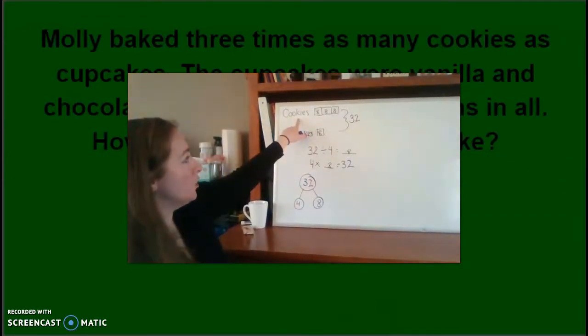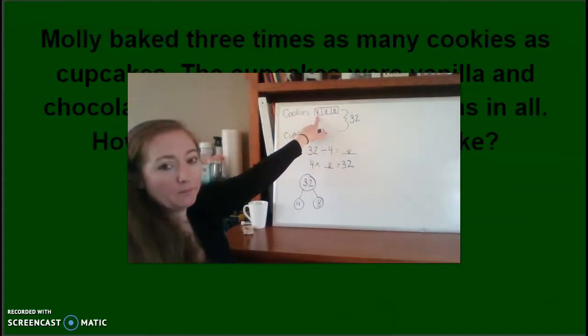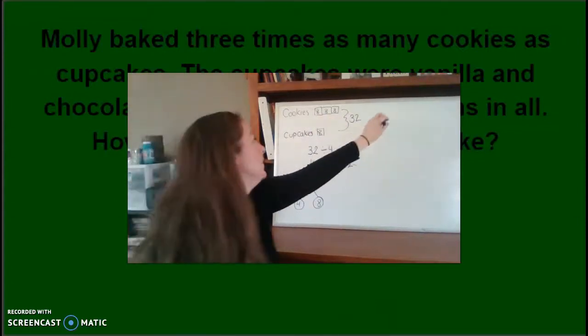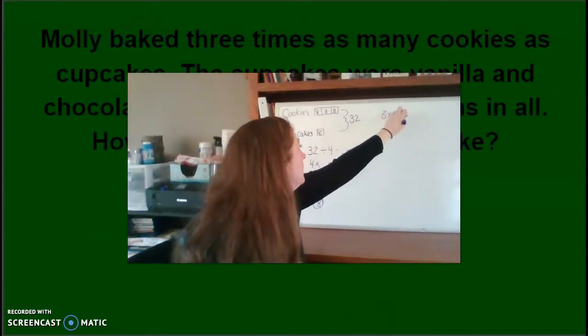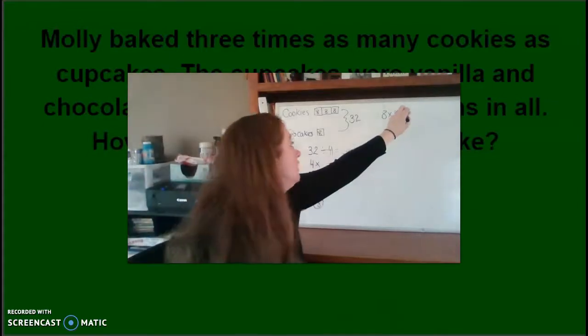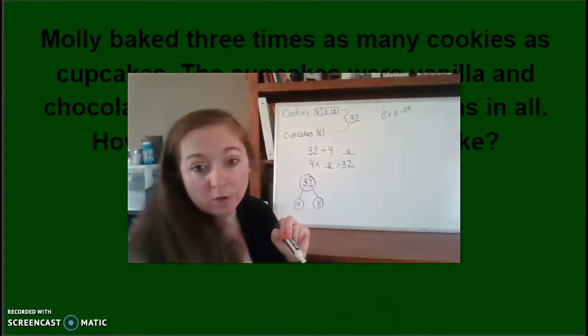So our new equation would be 8 times 3, and that'll tell us the total number of cookies. So it'll be 8 times 3 gives us 24. So she baked how many cookies? She baked 24 cookies.